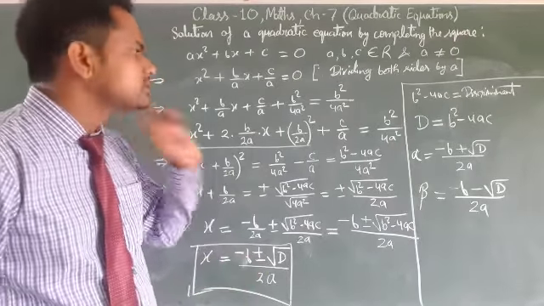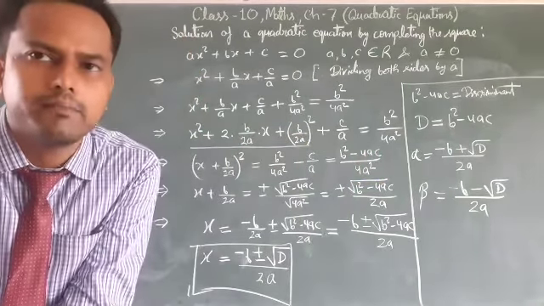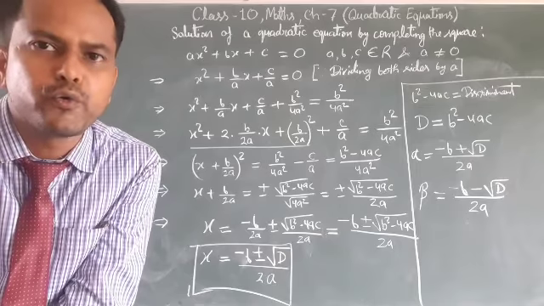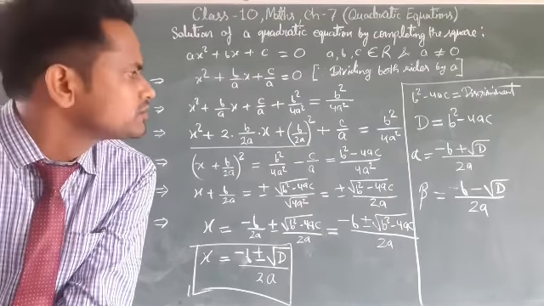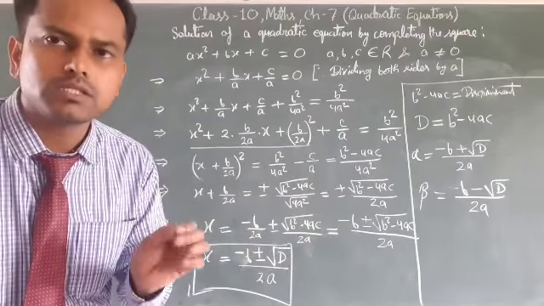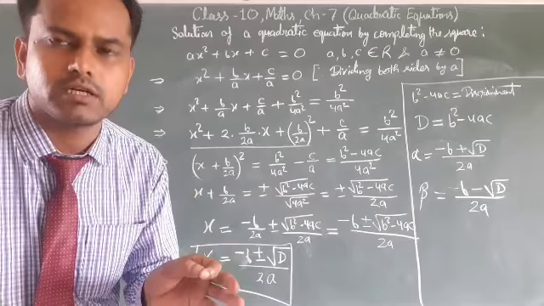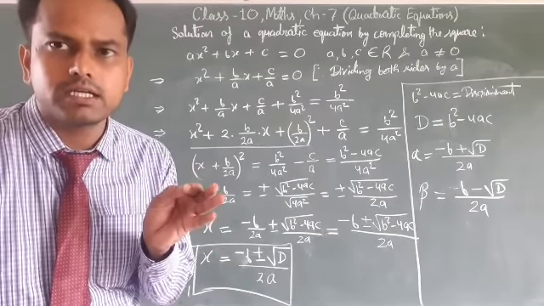I repeat it, alpha and beta are called roots of the quadratic equation. Please keep it in your mind. And what is the meaning of roots of the quadratic equation?